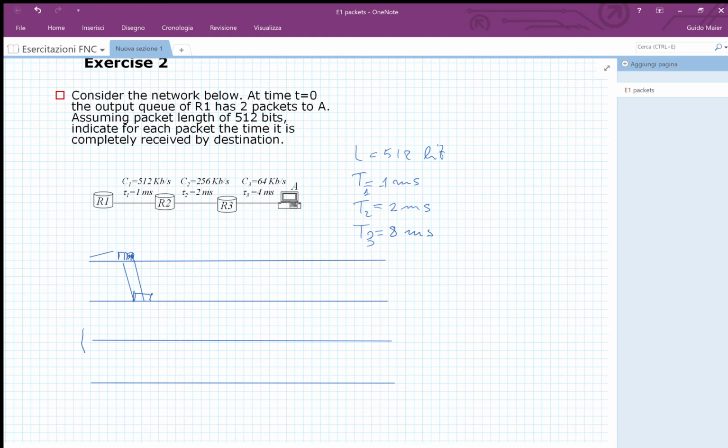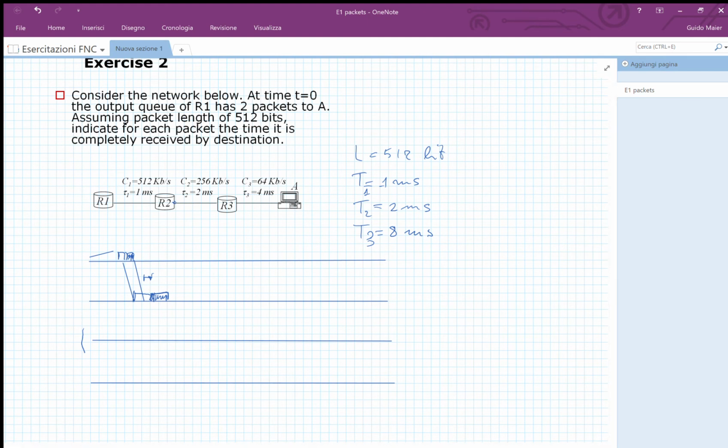So the second packet will experience, in this interval of time, a queuing delay, because it will remain stored in the output queue that is located here inside R2 until the first packet has been completely transmitted. So the second packet will be sent starting from this point and for the next 2 milliseconds.